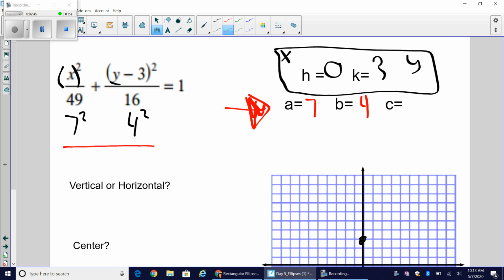So what really is important, though, is that since the A value was under my X variable, I'm going to count from my center in the X direction 7 in both directions.